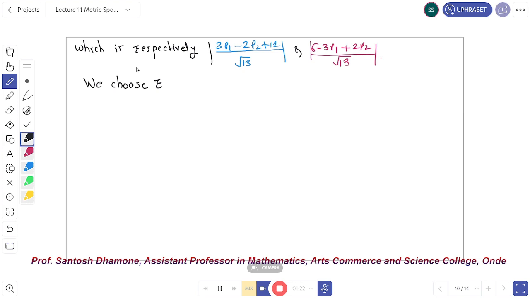Since root 13 is less than 5, we replace it by 5.